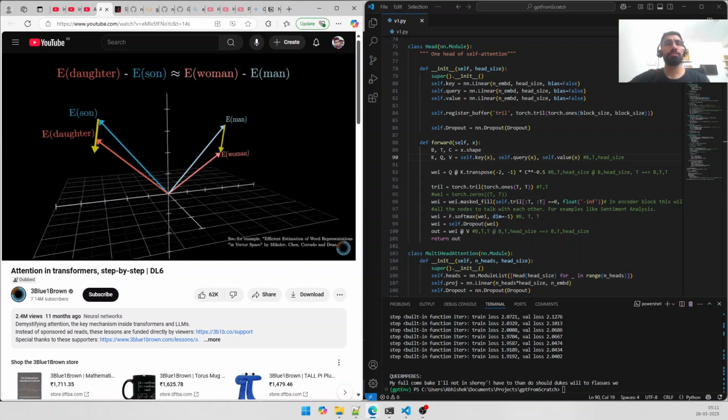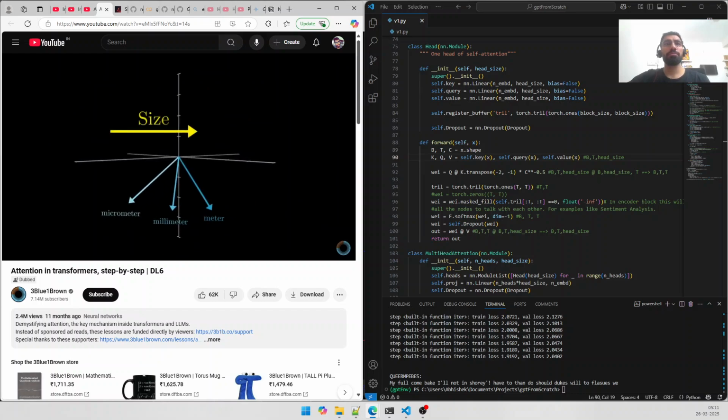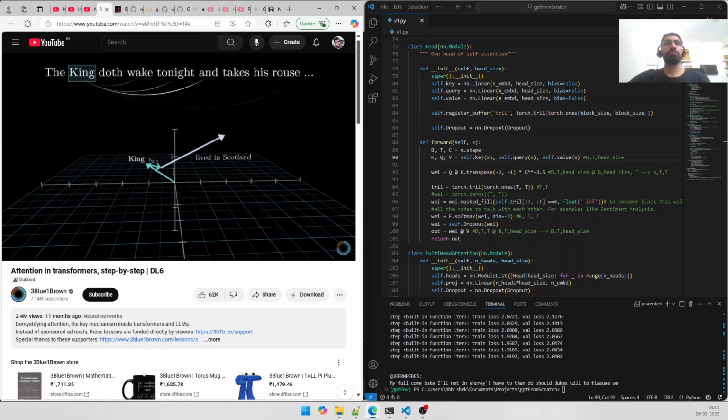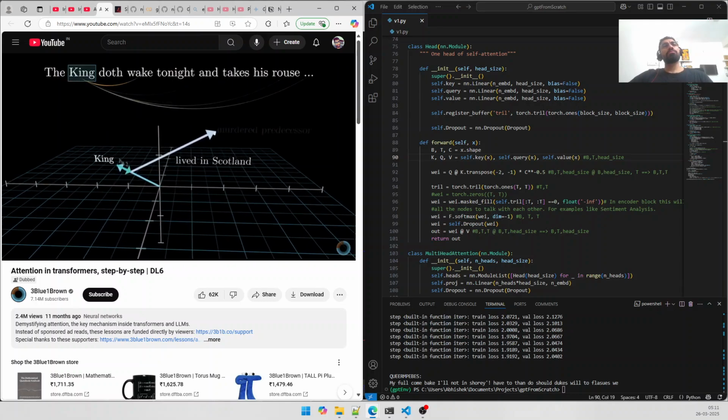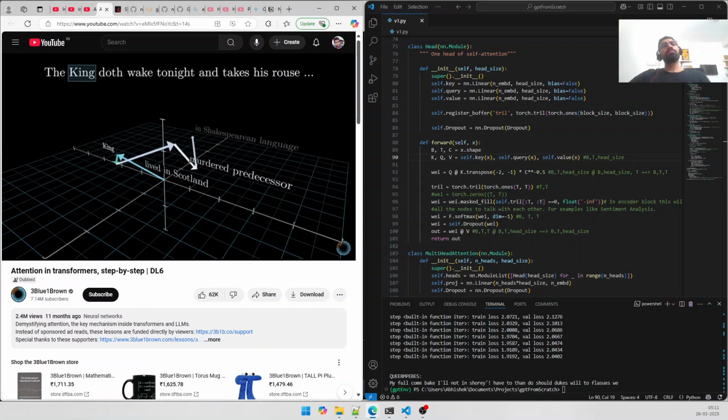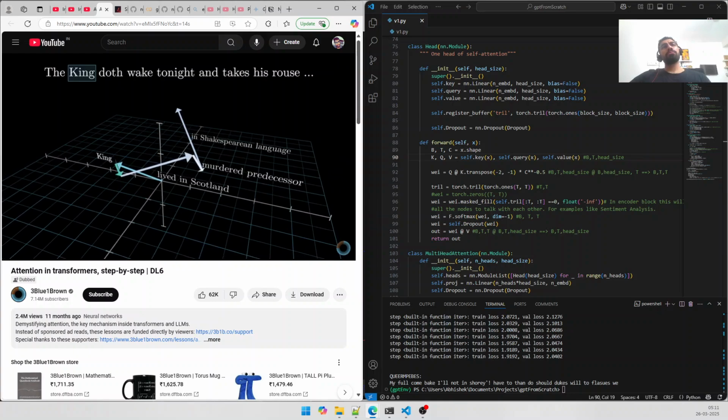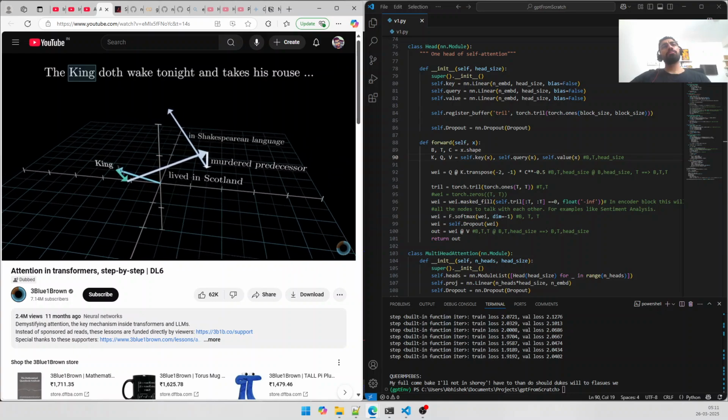That's just one example. You could imagine how many other directions in this high-dimensional space could correspond to numerous other aspects of a word's meaning. The aim of a transformer is to progressively adjust these embeddings so that they don't merely encode an individual word, but instead they bake in some much richer contextual meaning.